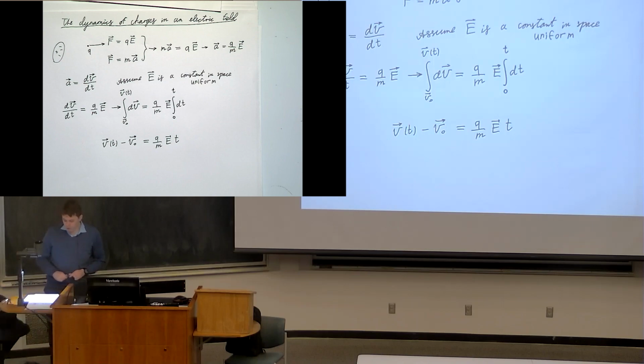All right. So in general, when a free particle is placed in an electric field, it gets accelerated. If the field is uniform, then its velocity changes with time linearly, as we've just obtained. And what's the natural situation in which we have a free particle exposed to an electric field?